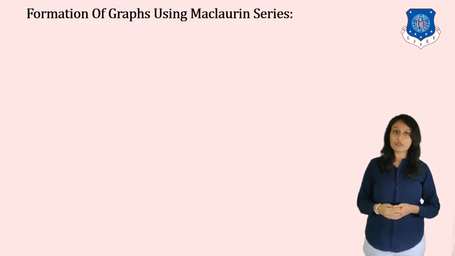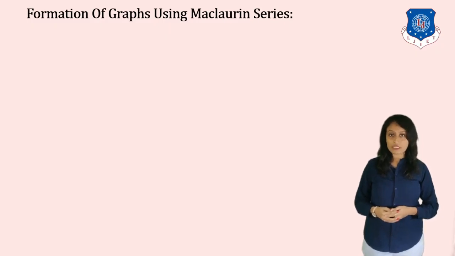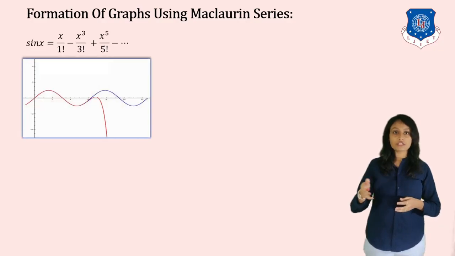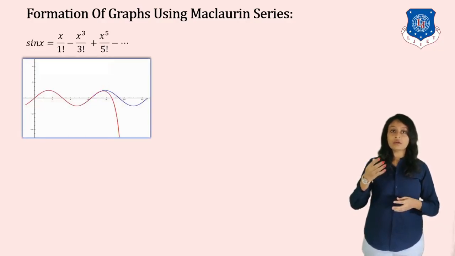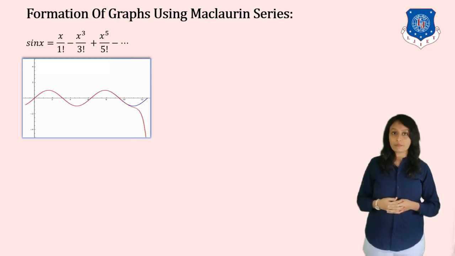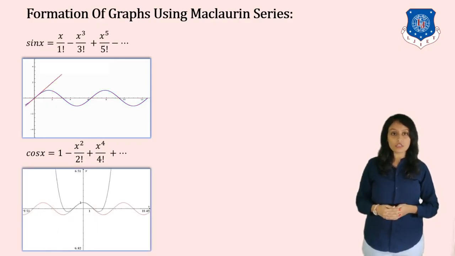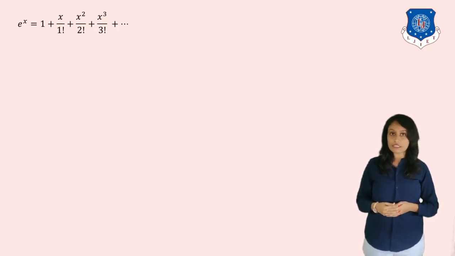Okay, now let's see the formation of graphs using Maclaurin series. The first graph is a graph of sin x, okay, which is shown here, right? So by adding the terms, we can see the graph of sin x. Okay, similarly find the graph of the cos x function. Here you can see the graph of cos x formed using Maclaurin series.